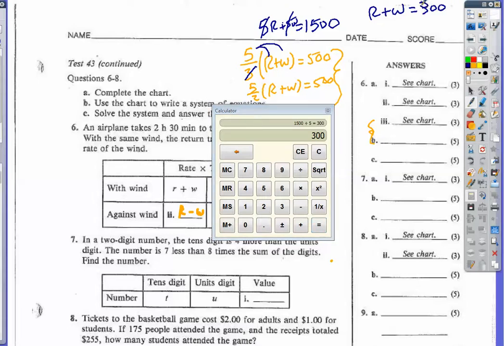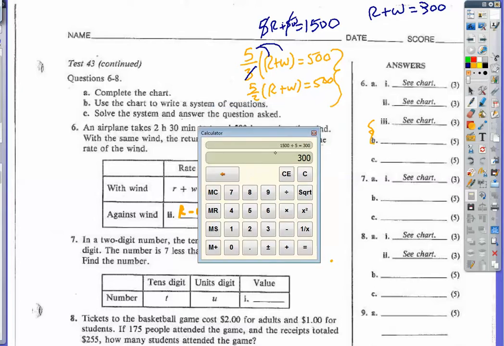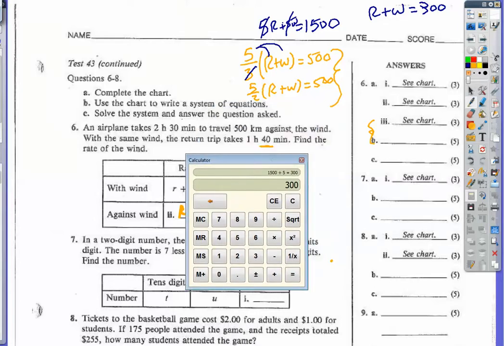That's a 3. So on my bottom equation, same idea. Multiply 500 by 2, which is 1,000, is equal to, that cancels out, so again, distribute.